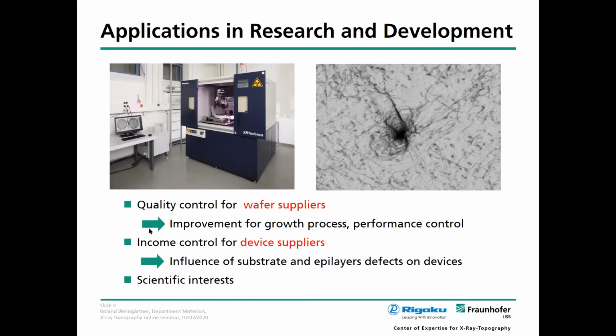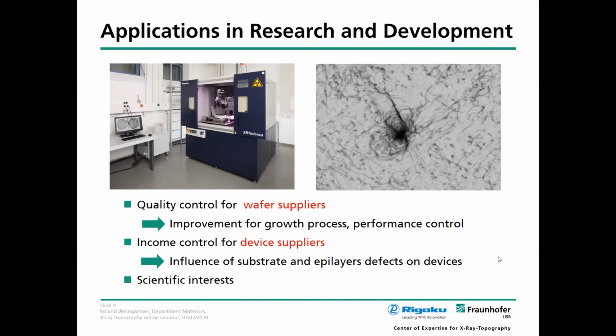Also, the device suppliers use it as an incoming control tool to see how good the substrates actually are. And they can also control the epilayer processes on the substrates, and see how these defects propagate in the epilayer and how they may affect the devices.